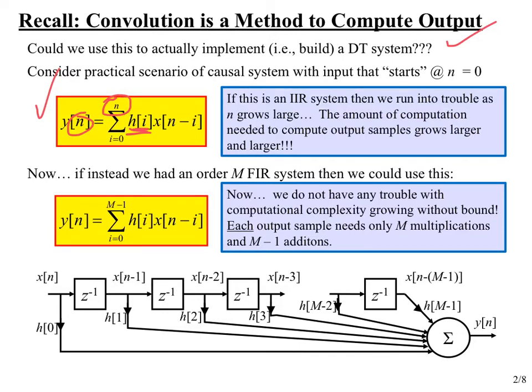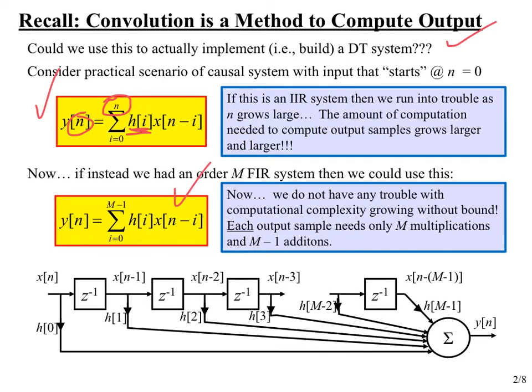But on the other hand, if we have an FIR system, a finite duration impulse response, and suppose we have one of order m, then we will have something that will look like this. We have a summation whose length doesn't grow.